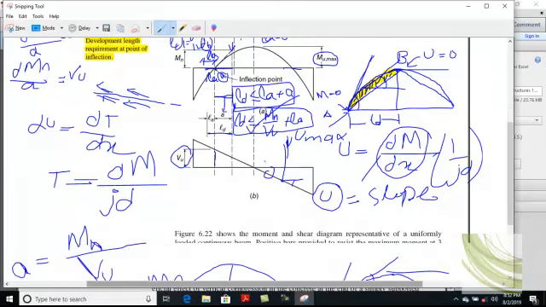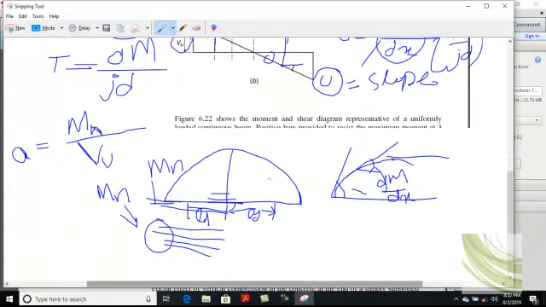Similarly, this case arises in a simply supported beam.